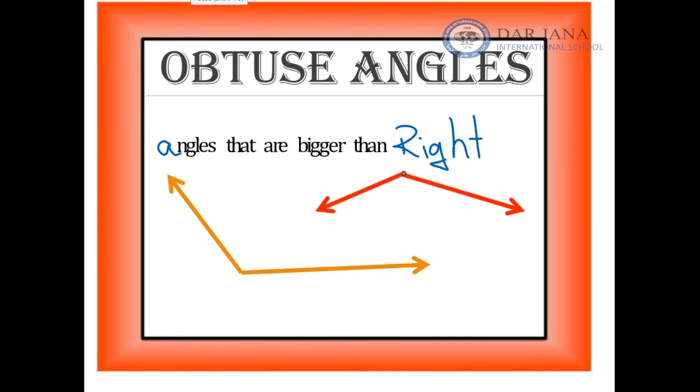If you look at this drawing, if it was a right angle, it would be like this, and this is the perfect corner, but see, it is wider than the right angle, so it is more than a right angle.